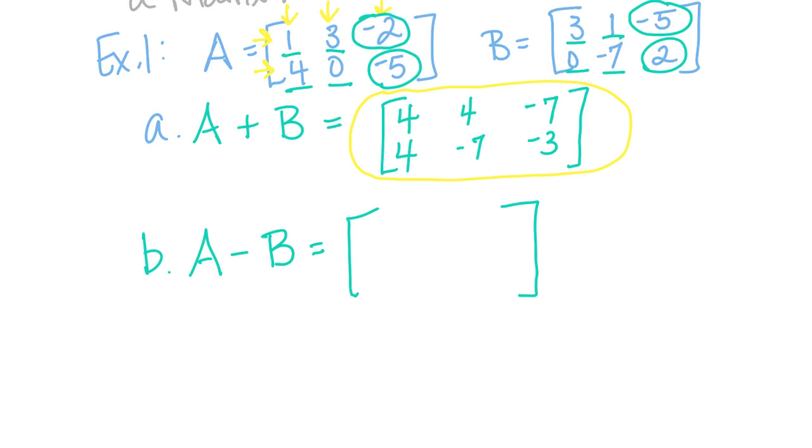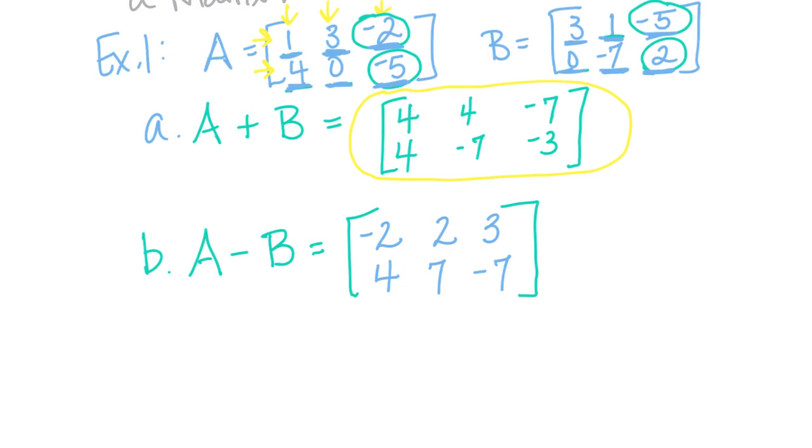So let's do a different color. 1 minus 3 is -2. 3 minus 1 is 2. -2 minus a -5 is 3. 4 minus 0 is 4. 0 minus a -7 is +7. And -5 minus 2, or plus a -2, is -7.